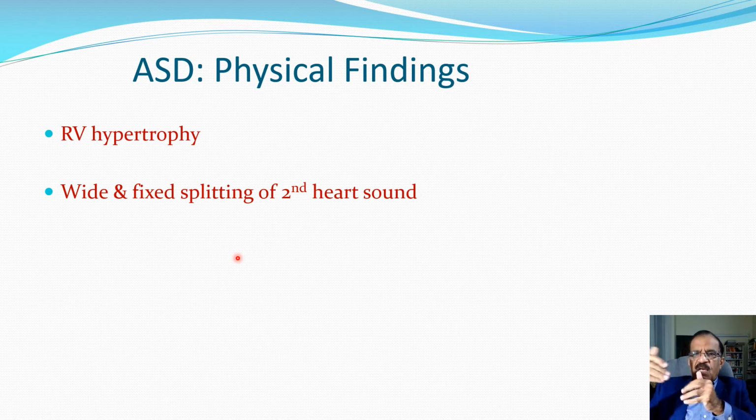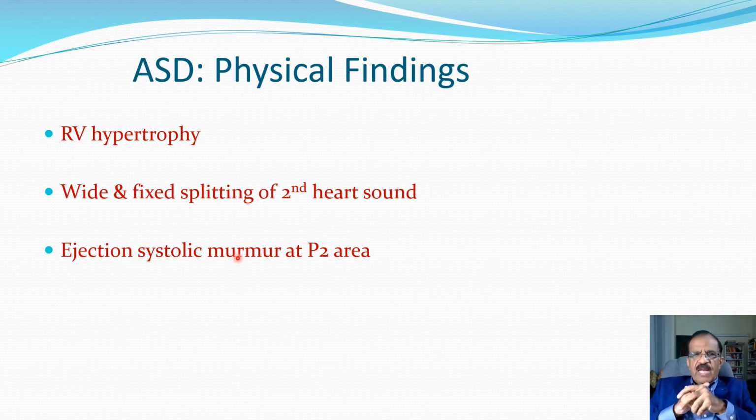The pressure on the right and left side equalizes because there is a foramen. There is a communication. If you have not understood this well, just remember that in atrial septal defect, we have wide and fixed splitting of the second heart sound.